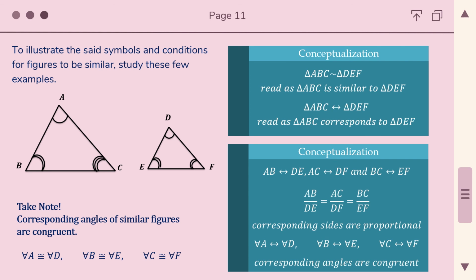The sides of the two triangles are proportional to each other. Sides are proportional, angles are congruent. The angles are congruent, but the sides are proportional.